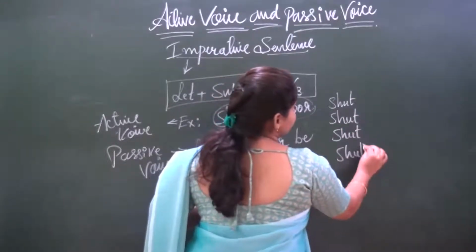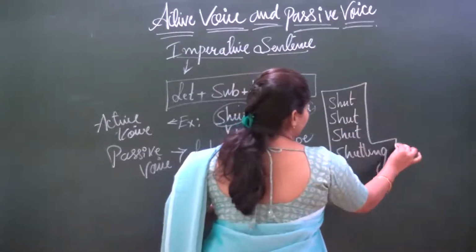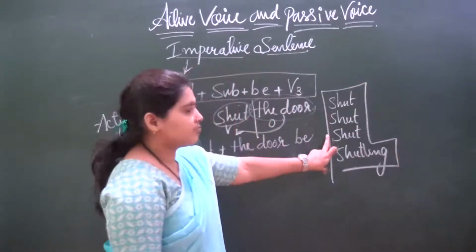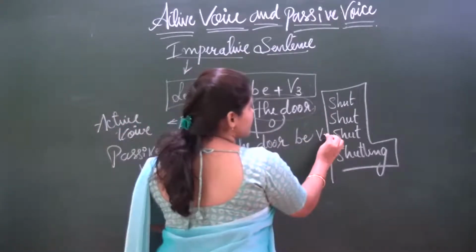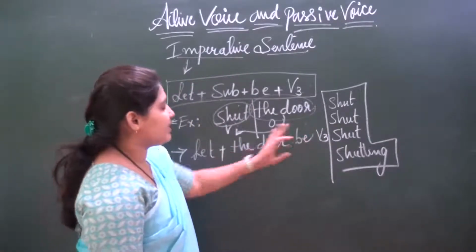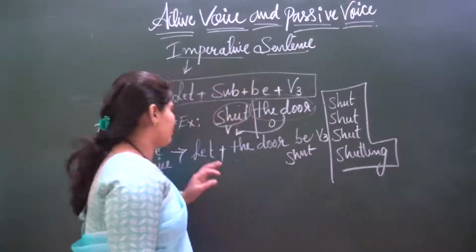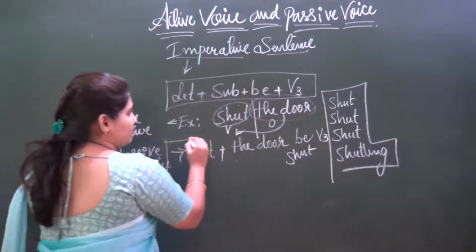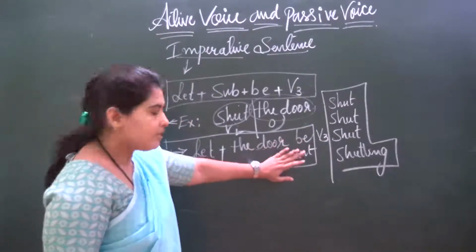Shutting is the fourth form. So the weak form is shut only. So, let the door be shut. This is the answer. Let the door be shut.